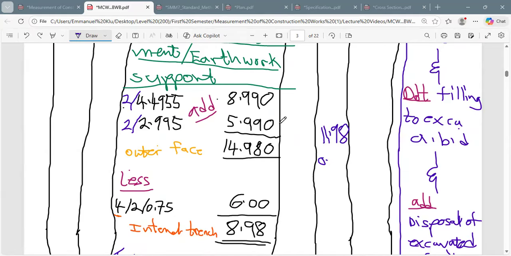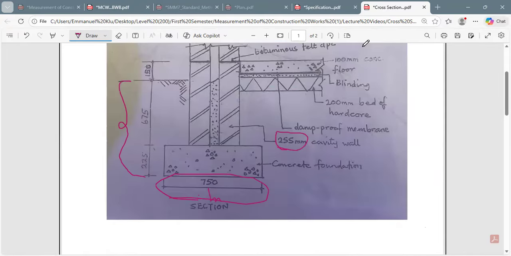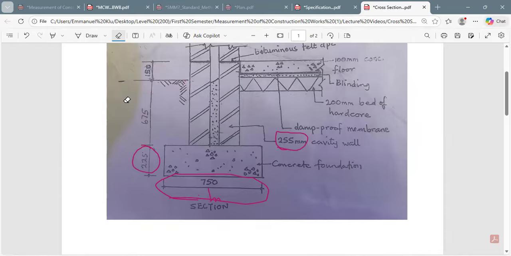The breadth, everybody knows. Times the thickness of the concrete bed itself. It is 225. If you divide it by 1,000, you get 0.23. If you can see the one I just circled. So the 225 is the thickness of the concrete.